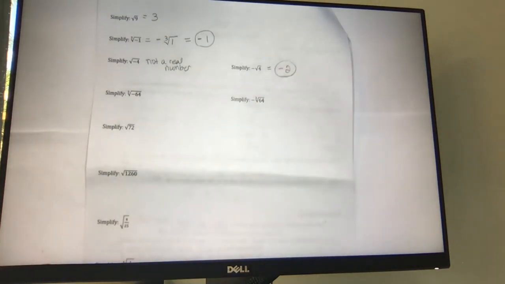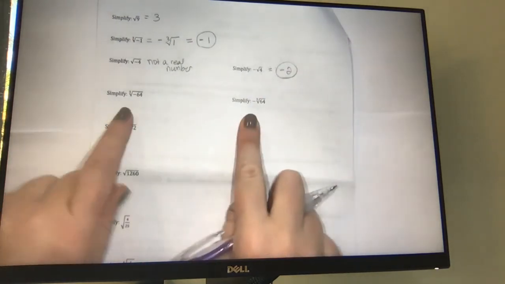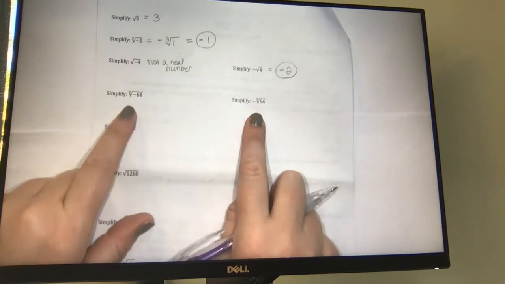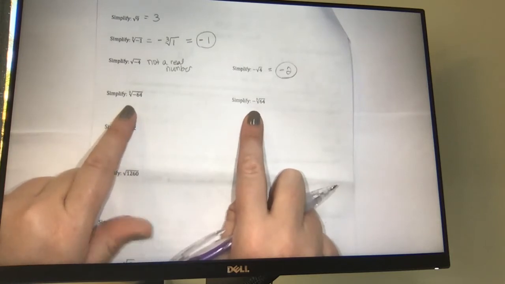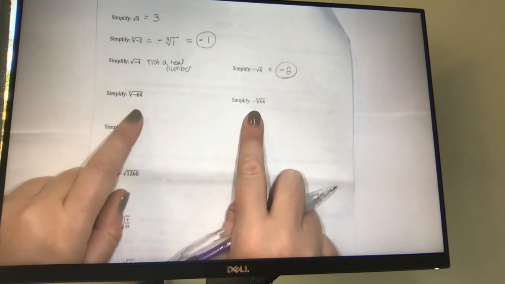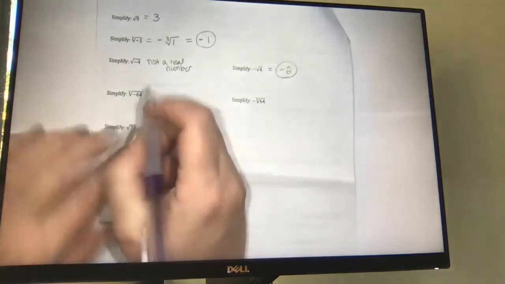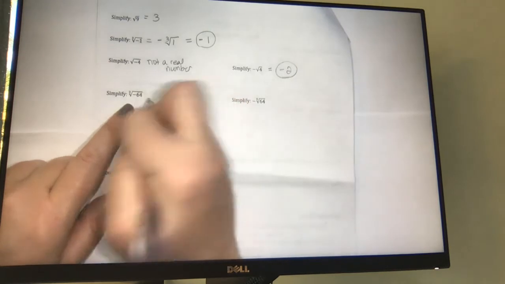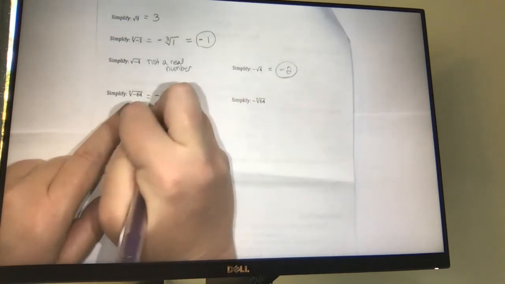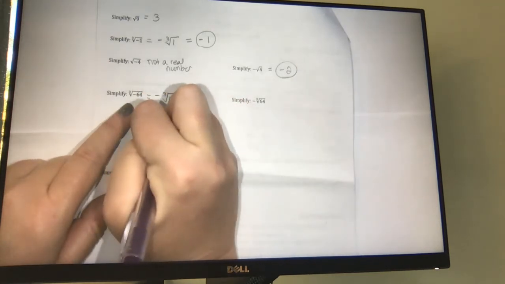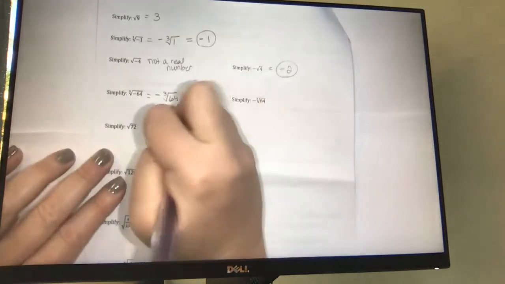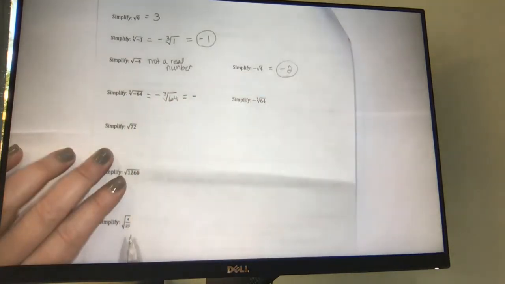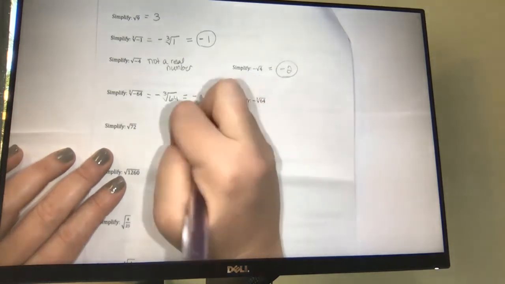Perfect. All right, same situation for these next two, but I have an odd index. So since my index is odd, I better have an answer for both. Let's look at what these two answers are going to be. If you want to, you can go right to your answer for this one. If you want to move your negative outside, you can do that, just add in another step. What's the cubed root of 64? 4.